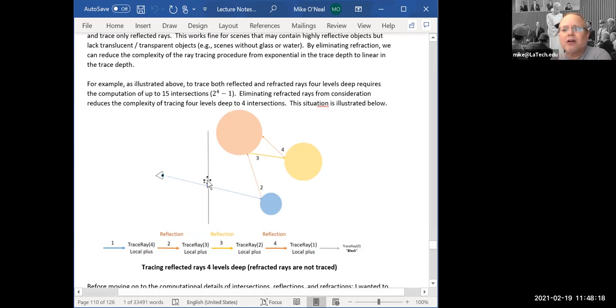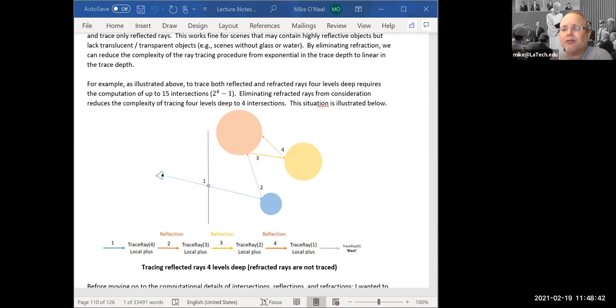For 4 levels deep, you'll have just 4 intersections maximum, rather than 15 intersections maximum. So now Eric can do his 1920 by 1080 or whatever it was times 4 rather than times 15.